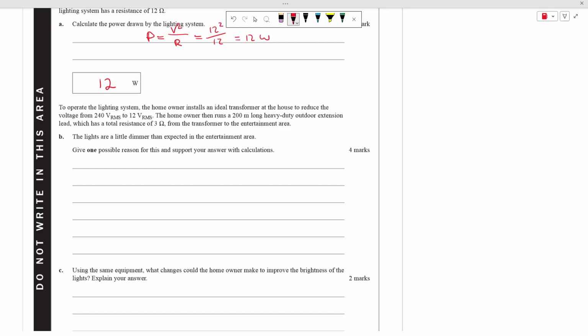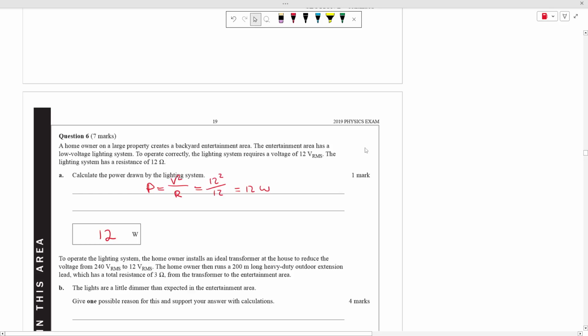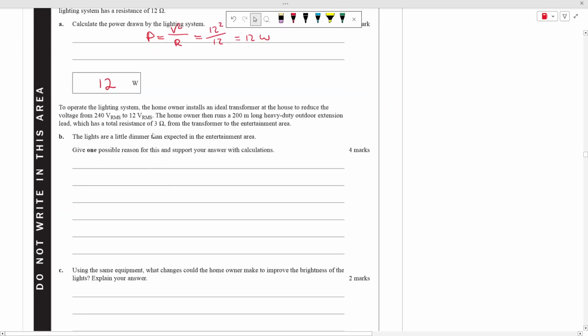All right. So the light system operates correctly at 12 volts, but it has a resistance of 12. You've also got a resistance of 3 for the power lines.